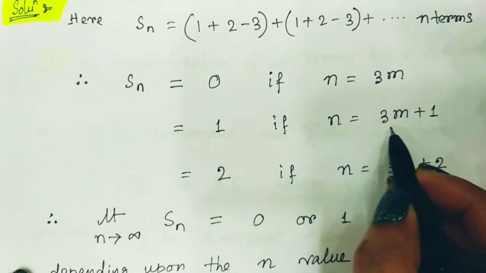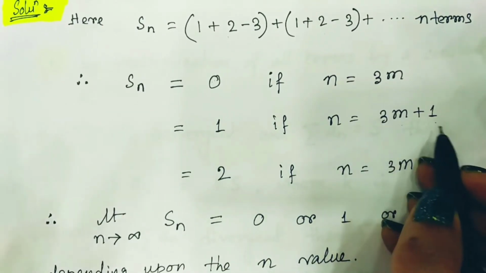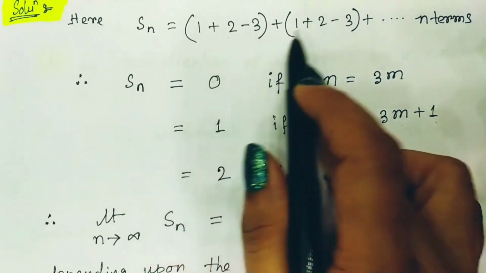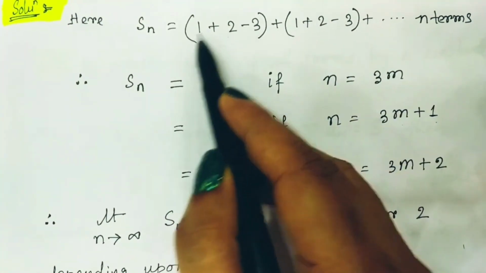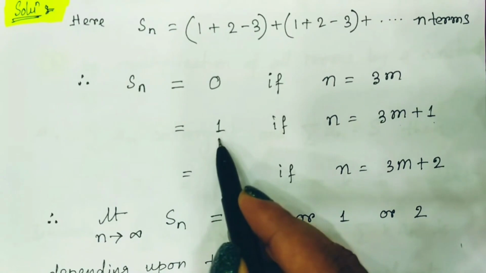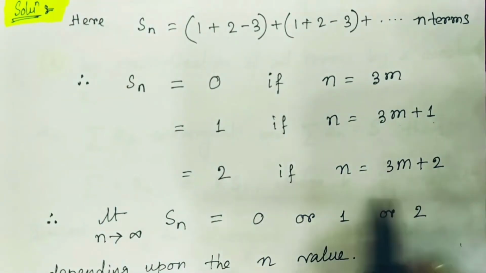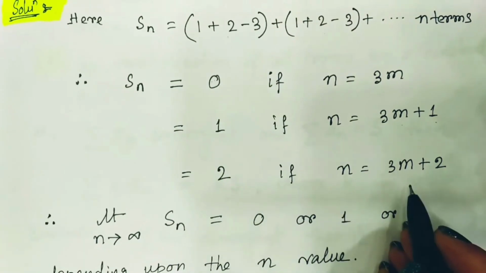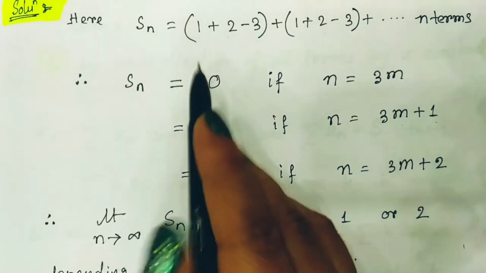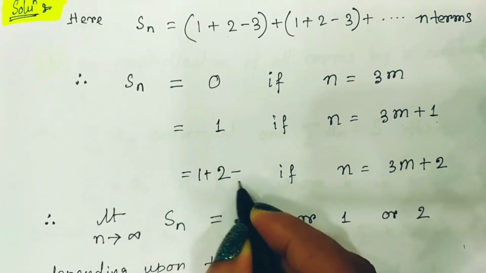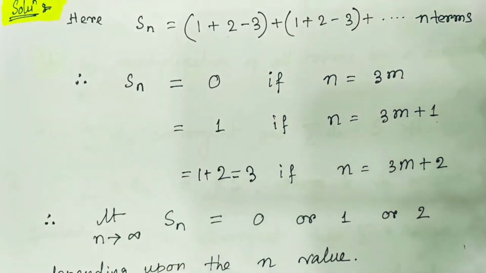When it is 3m plus 1, that means all complete groups with 1 extra term, the summation is 1. And when it is 3m plus 2, the summation is 1 plus 2, which is equal to 3.